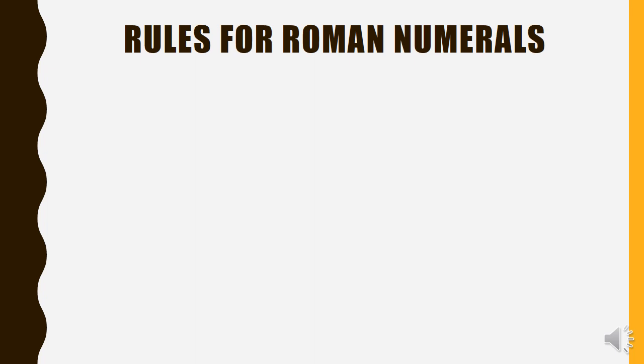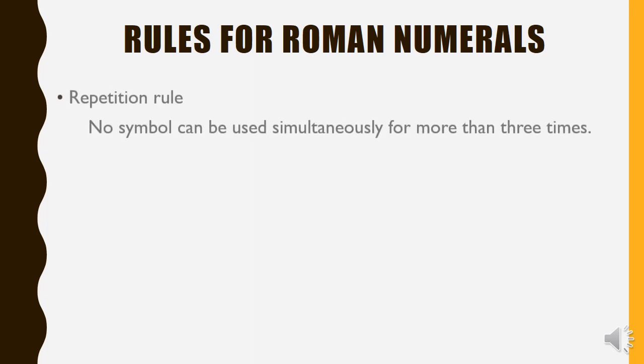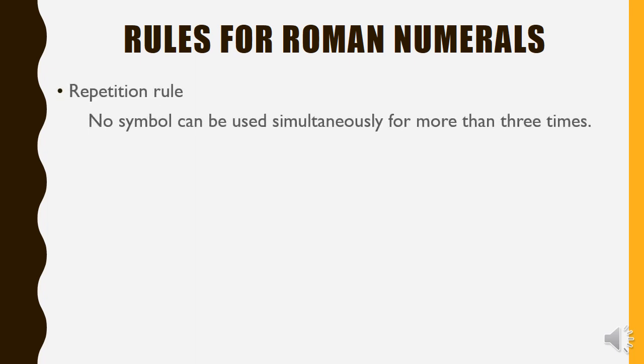In order to attain these strict combinations, there are some rules devised for Roman numerals. The first one is repetition rule. This rule states that no symbol can be used simultaneously for more than 3 times.